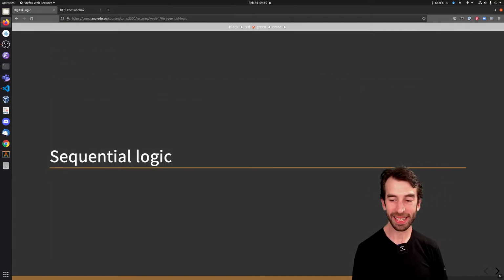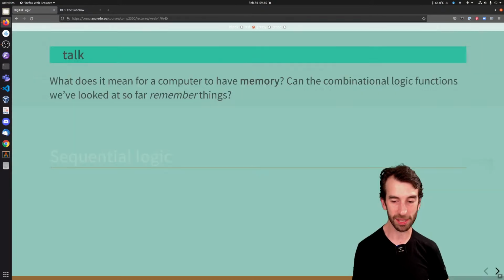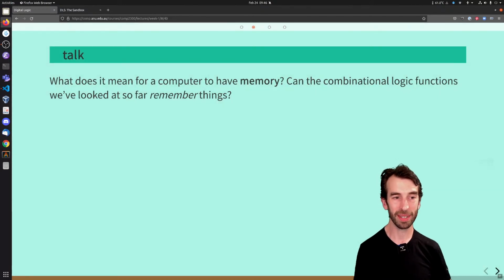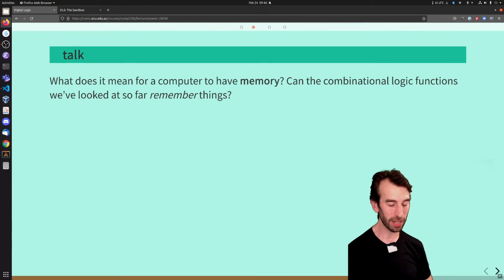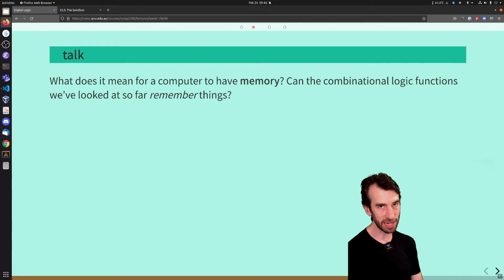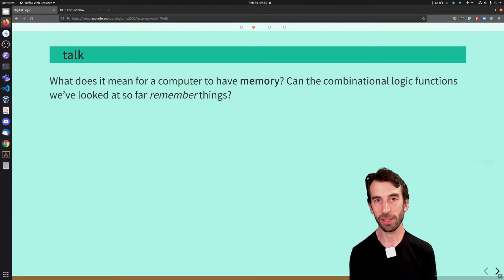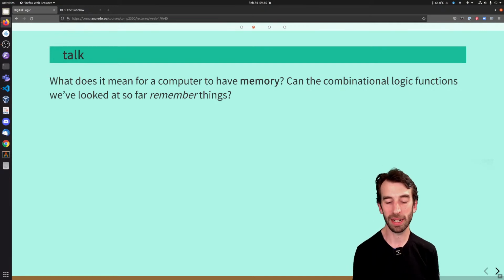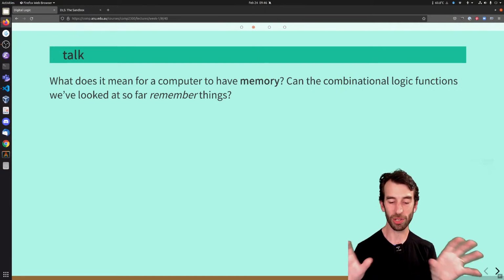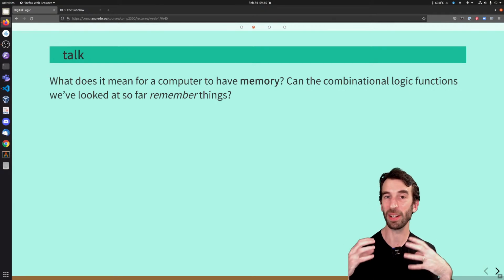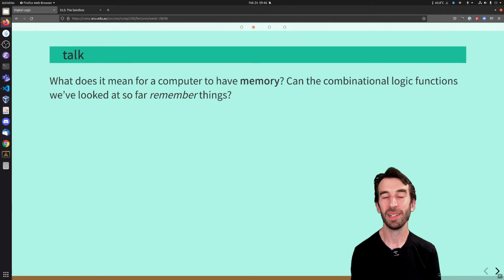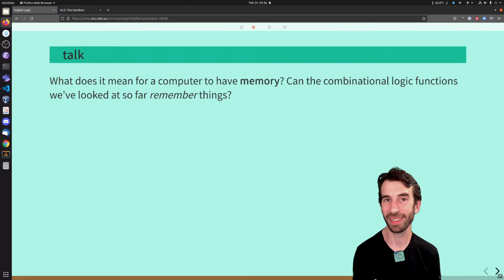So, the last little topic here that leads us to the end of the lecture. Sequential logic. So we're going to talk a little bit about memory now, because so far we've talked about systems that are taking 2 binary numbers and applying some operation to them. But it doesn't have a memory, does it?